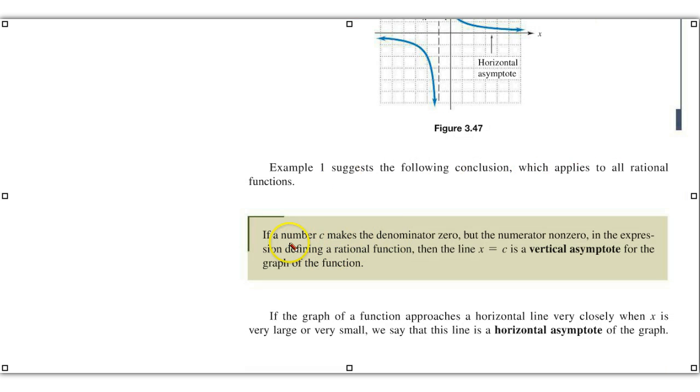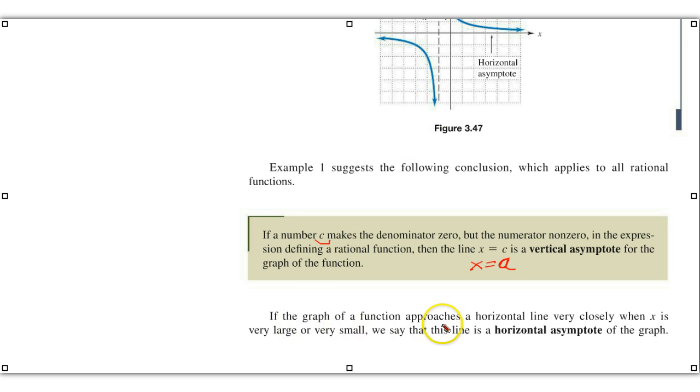Now, in summary, let's read this. If a number c makes the denominator a 0, but the numerator a non-zero, in the expression defining a rational function, then the line x equals c. Now, we had often used the letter A for this in the past, is the vertical asymptote of the graph of the function, which we see right there still.